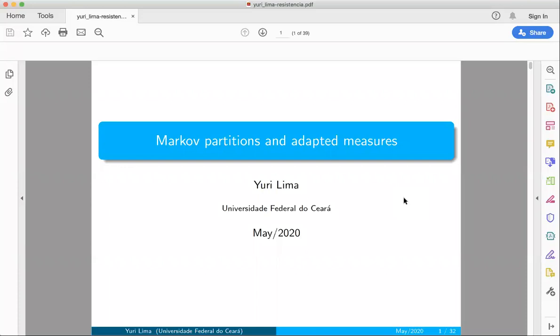But there is this new name, which is called adapted measures. I should also say that adapted measures are not new in the literature. They have been considered before, and it's just a name for something that appeared a few times with different names. And as you're going to see, there has been work regarding adapted measures since 1981.